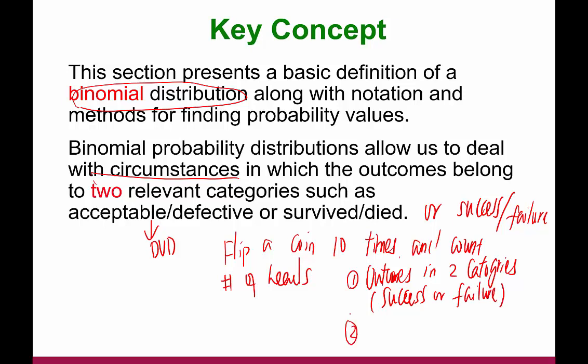Second, we have 10 trials, a fixed number of trials here. Third, trials are independent, meaning every time you flip a coin, the outcome is not guaranteed. The outcome is random.